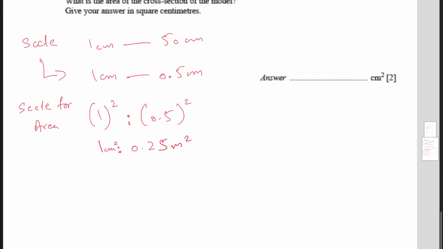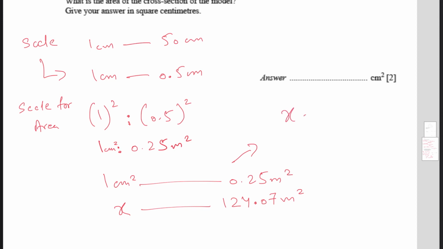Okay, so if 1 centimeter square is equal to 0.25 meters square, and the area that we just found was 124.07 meters square, this is equal to what? So we cross multiply this. I'll do it over here. So x is equal to 124.07 times 1 divided by 0.25.